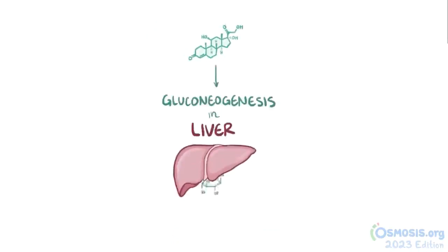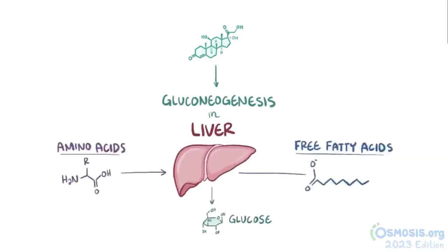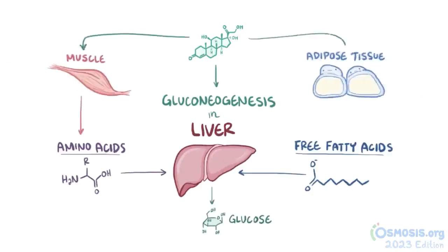Gluconeogenesis is the formation of glucose from non-carbohydrate sources, like amino acids or free fatty acids. Cortisol also gets the muscles to break down proteins into amino acids and gets adipose tissues to break down fats into free fatty acids, both of which help provide the liver with more raw materials to work with.